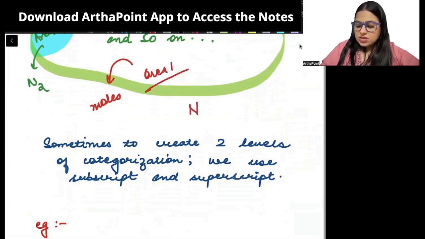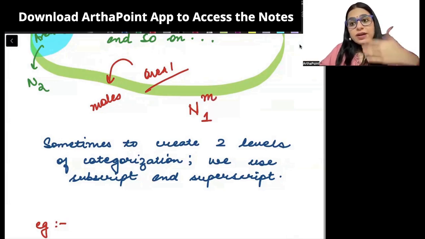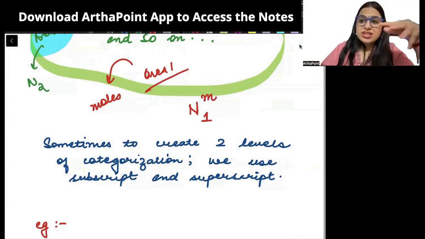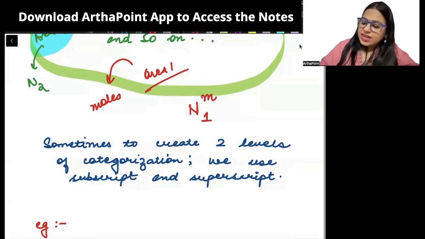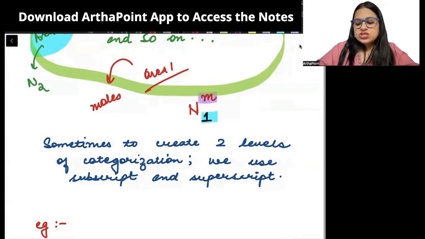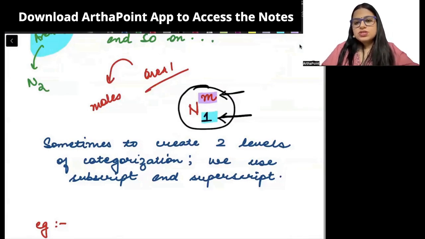So employment is represented by N, area 1 and among males. तो when I need to go to one more level of categorization, अगर मुझे एक additional level of categorization का जरूरत होगा, if I need to do 2 levels of categorization, तो I can use subscript followed by a superscript. मैं ये दोनों ही चीजें एक साथ use कर सकती हूँ. I can go ahead and use a subscript followed by a superscript. Is this making sense? Clear?